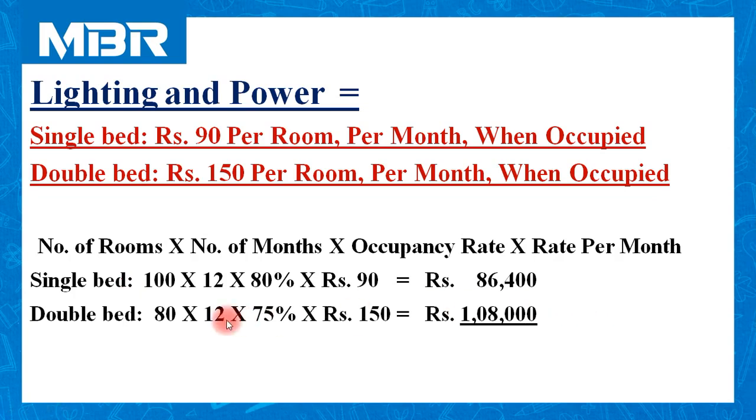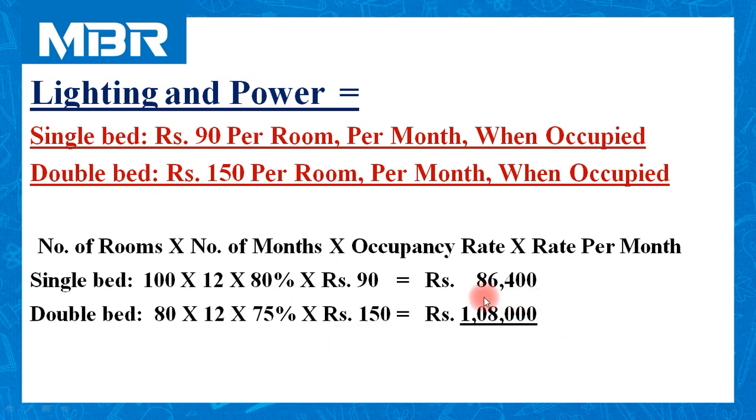For double bed, same calculation, number of rooms 80, number of months 12, multiplied by occupancy rate as given in the question, multiplied by the lighting and power cost for double room 150.